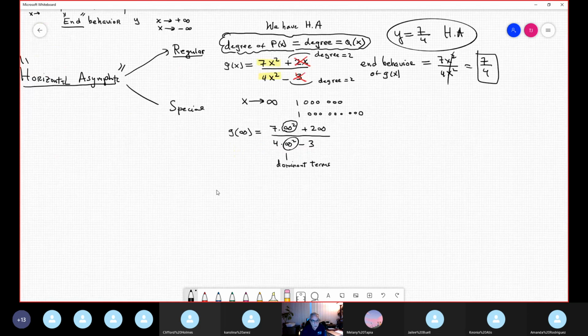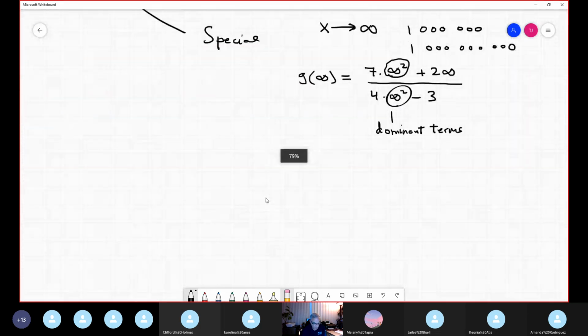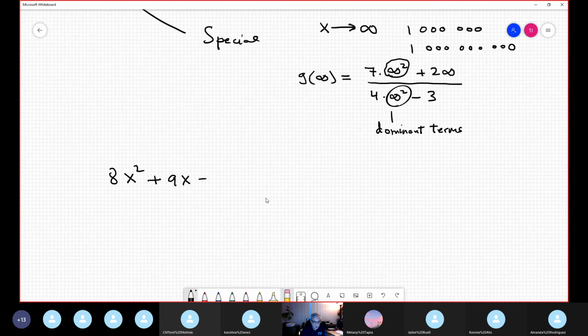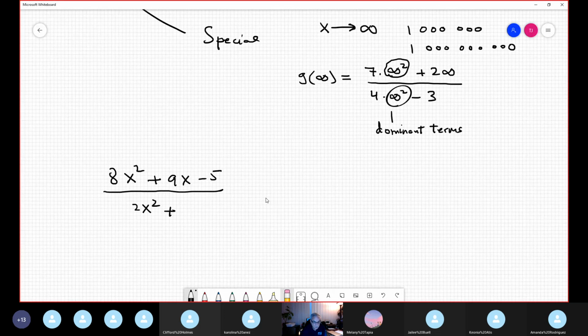Okay, I encourage you to investigate whether we have a horizontal asymptote or not. Suppose this, 8x squared plus 9x minus 5 divided by 2x squared plus 1. This function I want to call h.